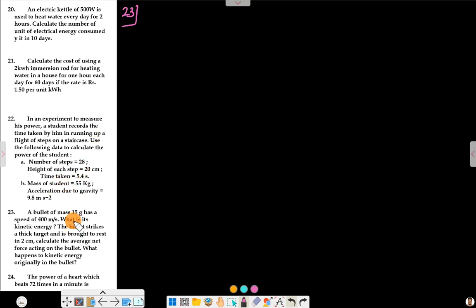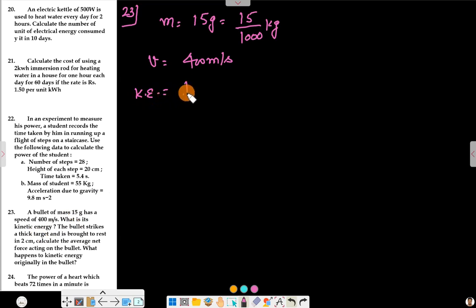In this question, a bullet of mass 15 gram has a speed of 400 meter per second. So mass is mentioned as 15 gram, or you can say 15 by 1000 kg, and velocity is given as 400 meter per second. What is the kinetic energy? So kinetic energy is equal to half mv square.